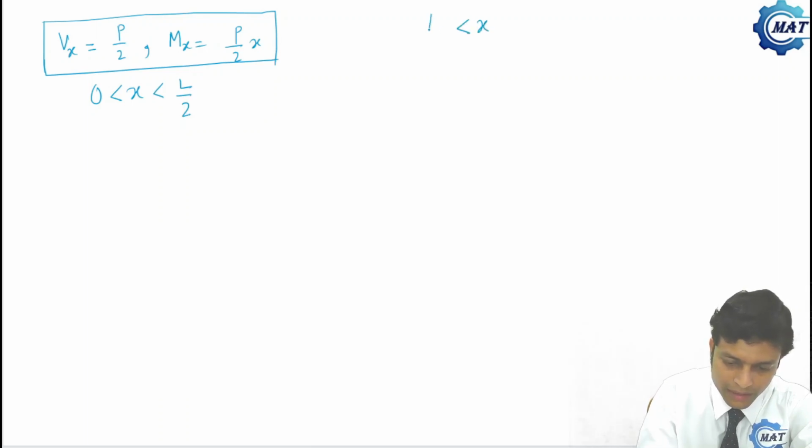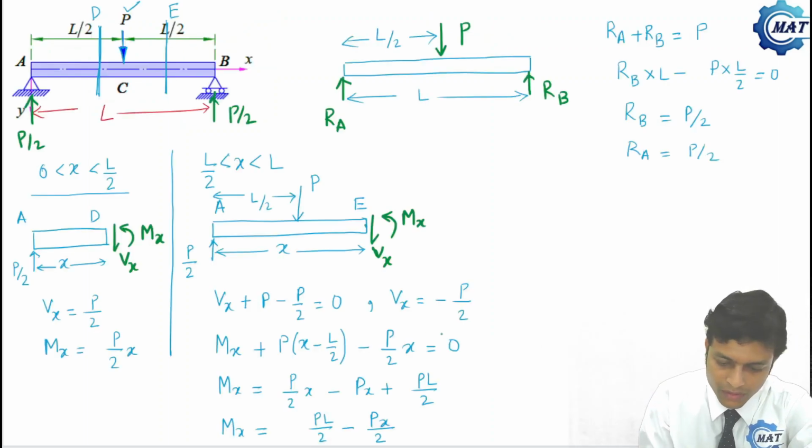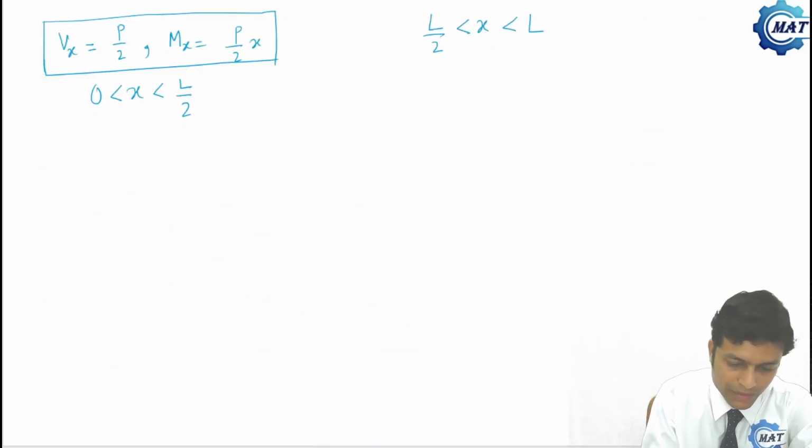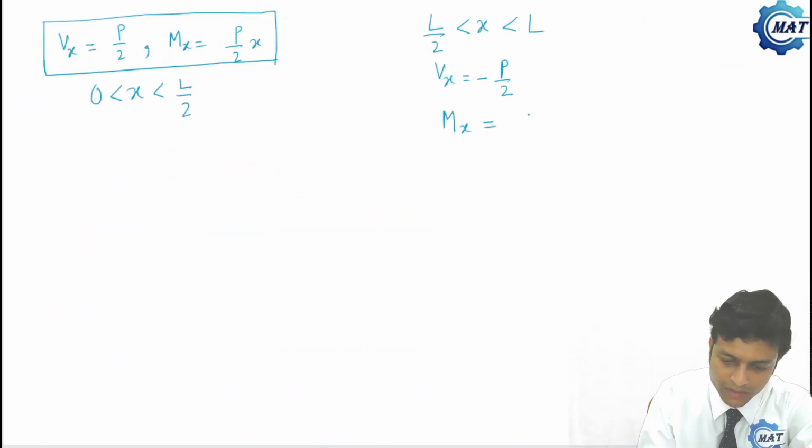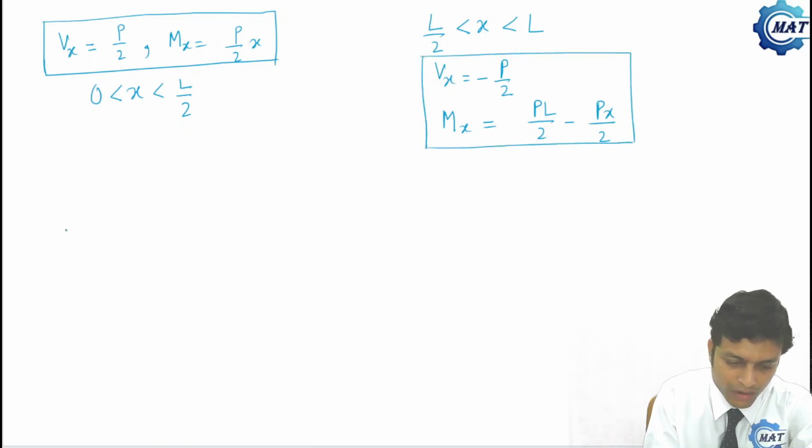For x greater than L by 2 and less than L, Vx is minus P by 2 and Mx is PL by 2 minus Px by 2. So these are the two sets of equations. Now let us draw the shear force and bending moment diagram for this beam.